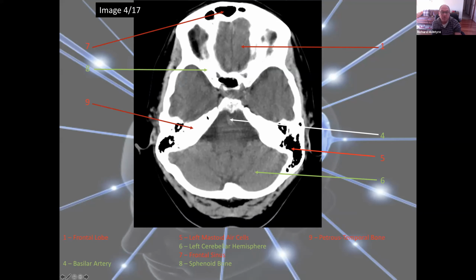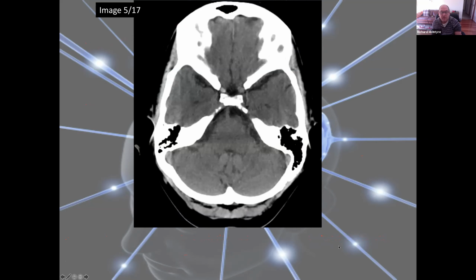Remember, bones are generally dark on MRI unless they've got fatty marrow. And there's our transverse sinus. Okay, so our right, I beg your pardon, I've got it wrong. Our right sigmoid sinus.